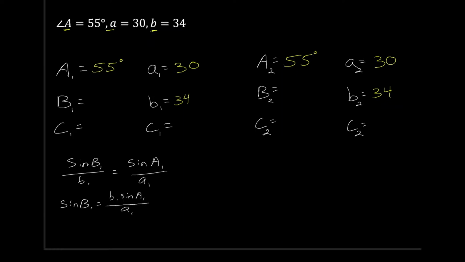So now we're going to plug in values, and we're going to solve this on the calculator. Just like always, our units are in degrees, so before I enter anything on the calculator, I'm going to be careful to make sure that my mode is set to degrees. Sine of 55 degrees divided by a1, which is 30.